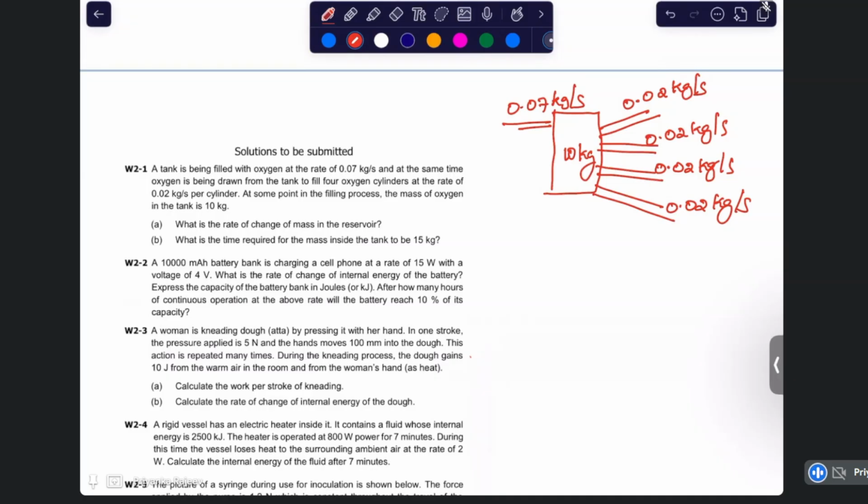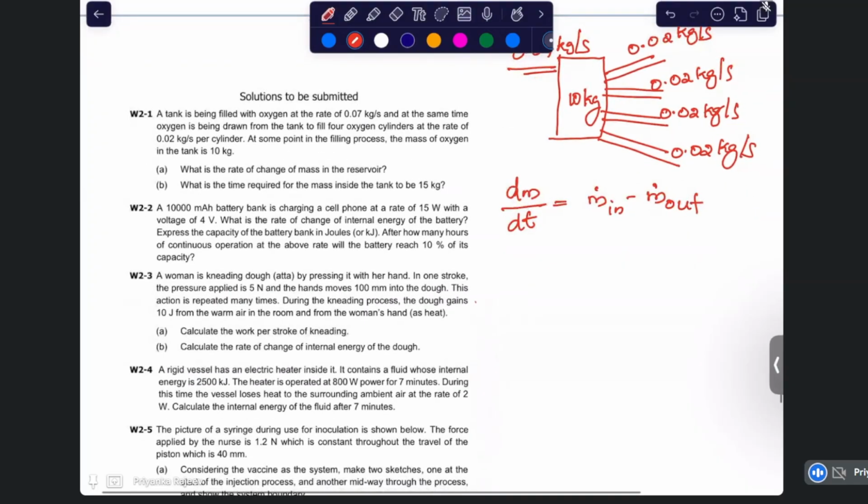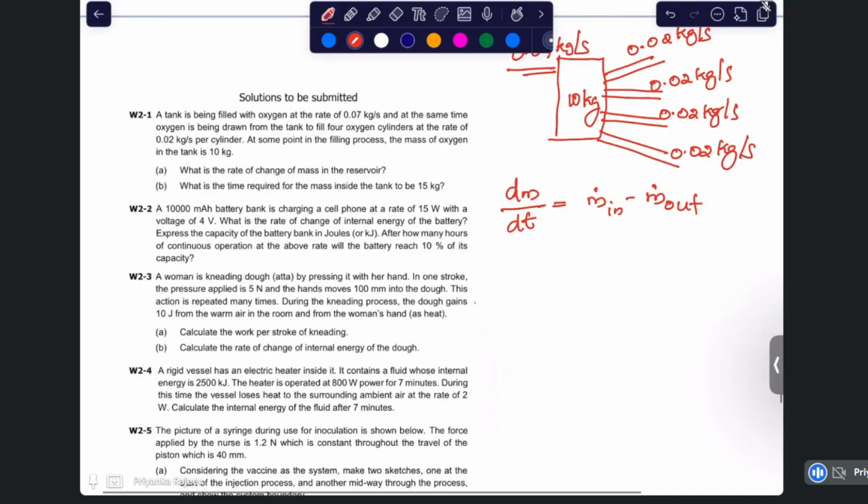Rate of change of mass is dm by dt. dm by dt is equal to mass inflow minus mass outflow. Well-known equation. The rate of mass going out is 4 times 0.02, which is 0.08 kilogram per second, and mass in is 0.07 kilogram per second.